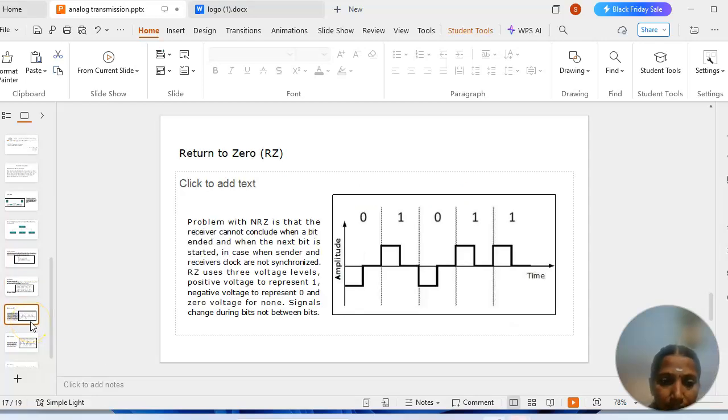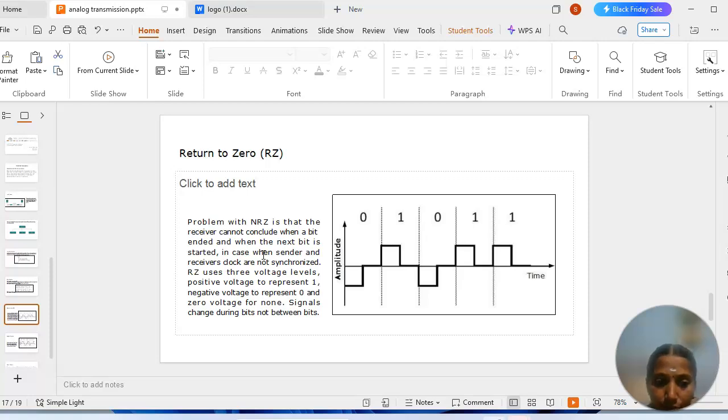Next one, polar encoding: return to zero. The problem with non-return to zero is that the receiver cannot conclude when a bit ended and when the next bit started, in case the sender and receiver clocks are not synchronized.